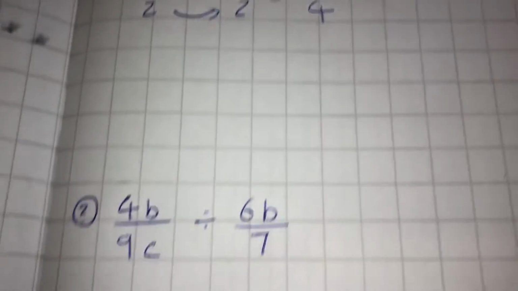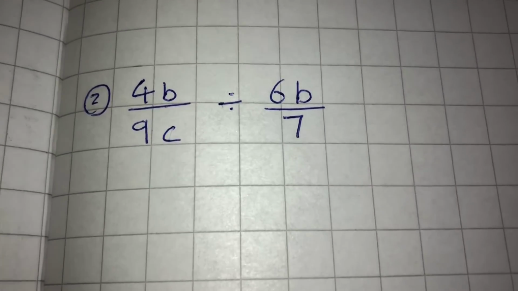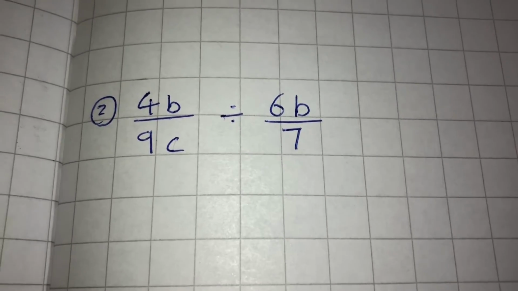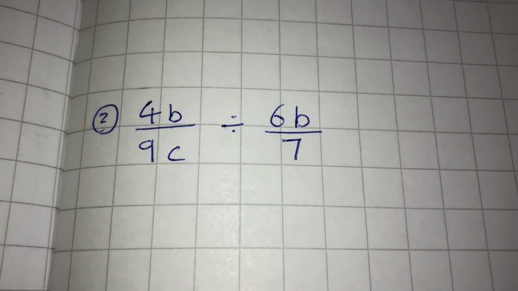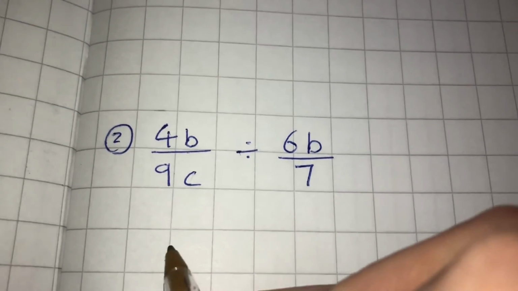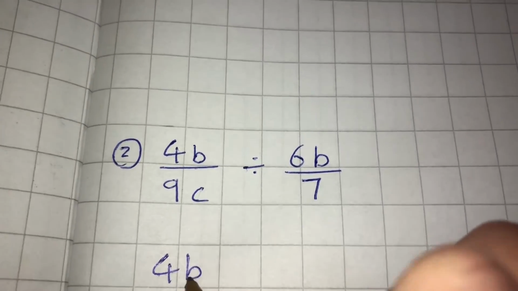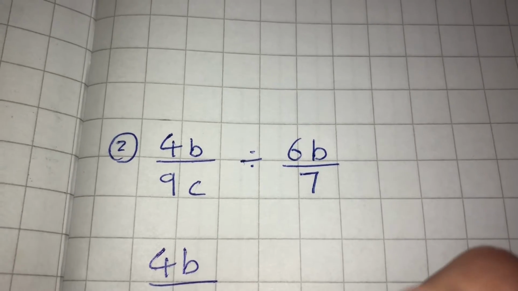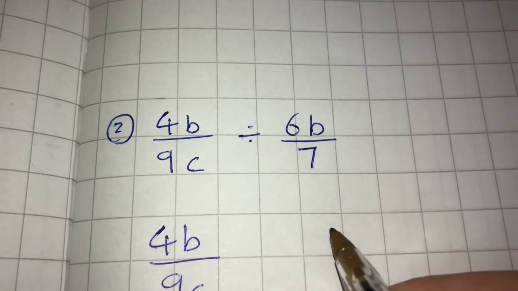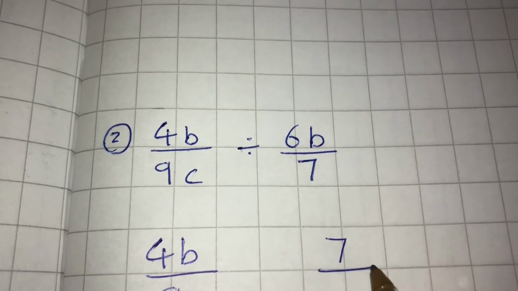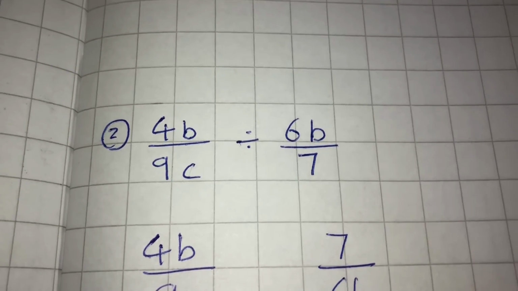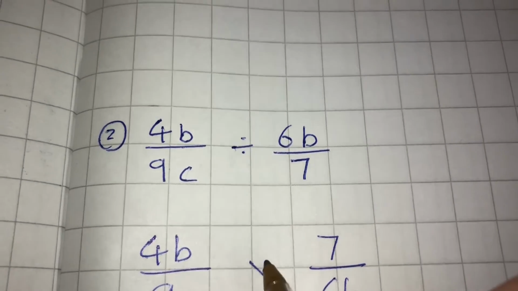So moving on to the second example. I've got 4b over 9c divided by 6b over 7. So let's keep, flip, change. Keep the first fraction the same, so it stays as 4b over 9c. Flip the second, so 6b over 7 becomes 7 over 6b. And change the sign from a divide to a multiply.